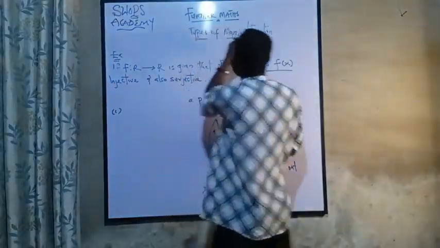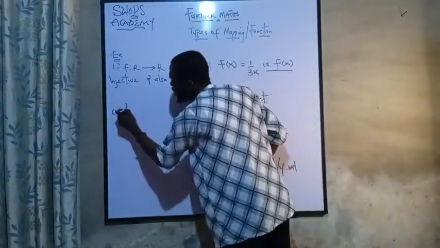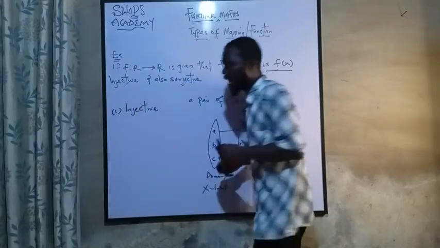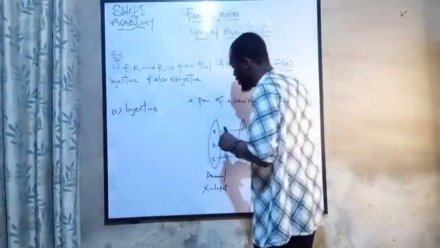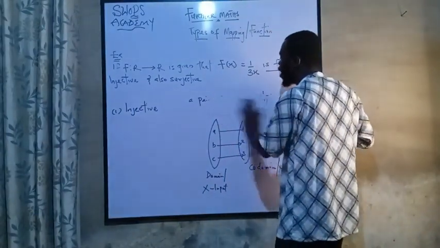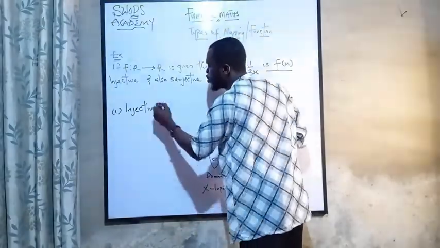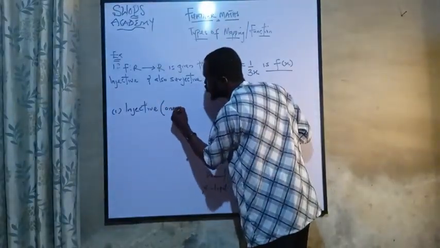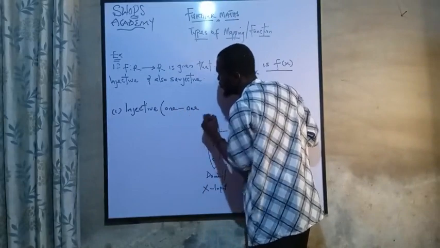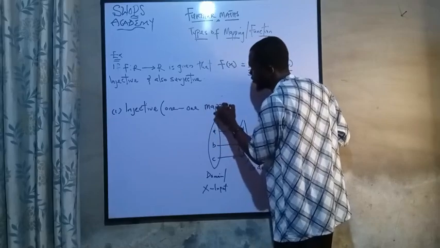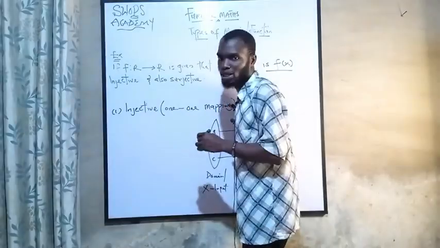We have types of mapping and function. Number one, we have injective. Another name we call injective is one-to-one mapping. Another name in some texts, we call it one-to-one mapping. Are we together?